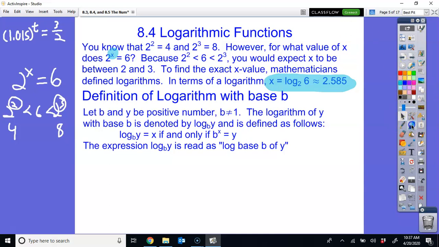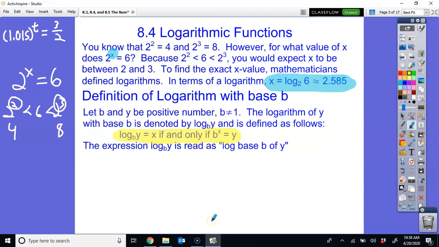Right here in the middle is the definition of a logarithm, the key thing you need to know. And you will hear me say this about 9 million times over this video, and over the next video, and over the video after that. The definition of a logarithm. I'm going to read out the formal definition, but then I'm going to give you what I think is going to help you the most as well.